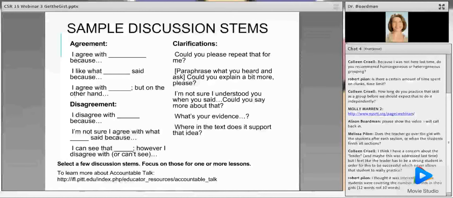But simply, accountable talk helps kids give structure to the way they agree with one another, the way they disagree with one another, how they ask for clarification.